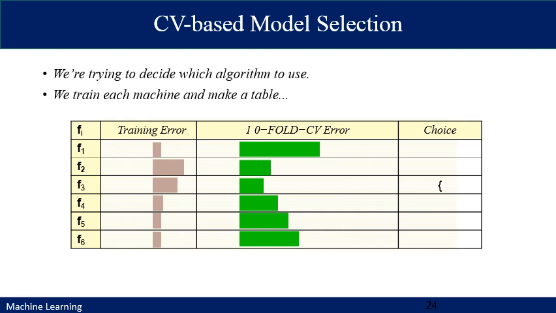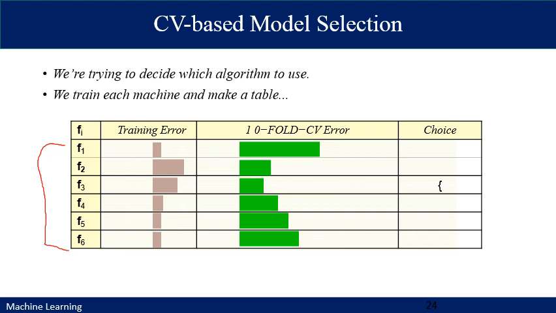We are trying to decide which algorithm to use. For example, let's say we are working on a particular data set and we use six different algorithms to train on the training examples, and we want to decide which is the optimal model.